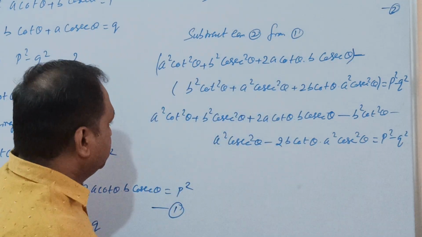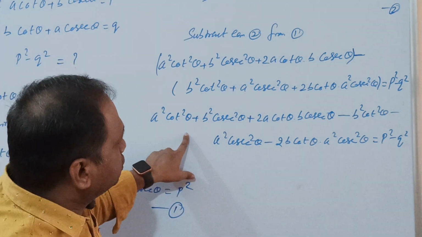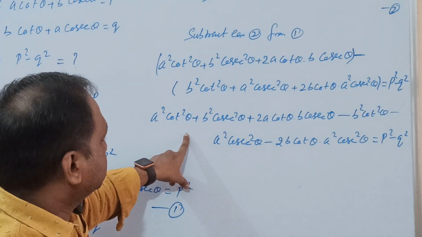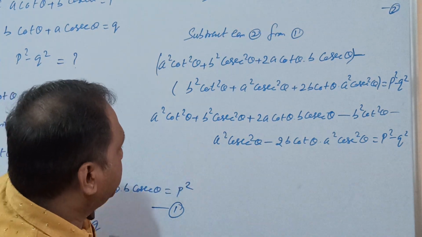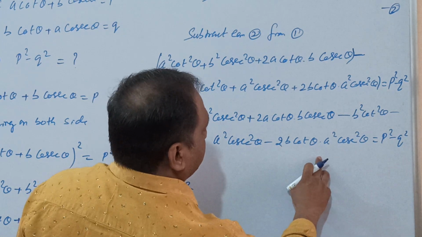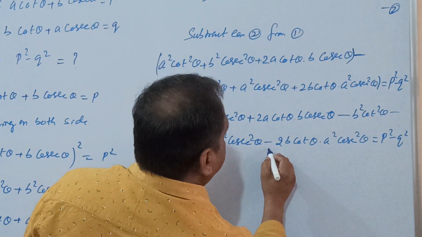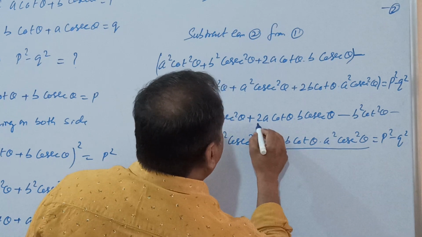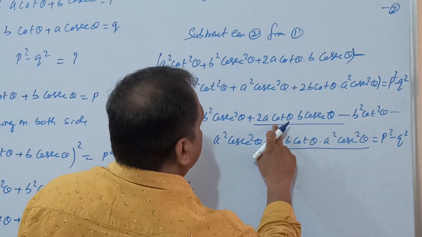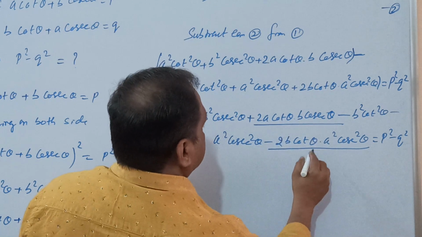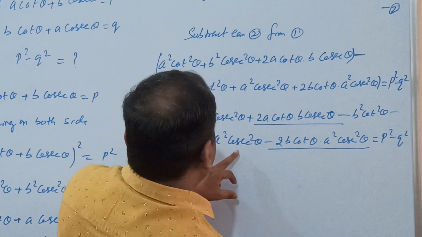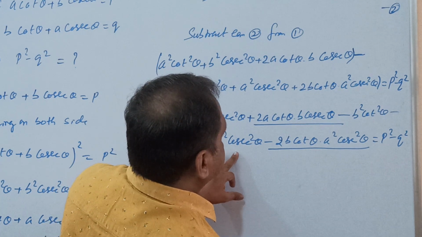By observing these terms, which ones will be cancelled? The 2ab cot theta cosec theta term in both will get cancelled.